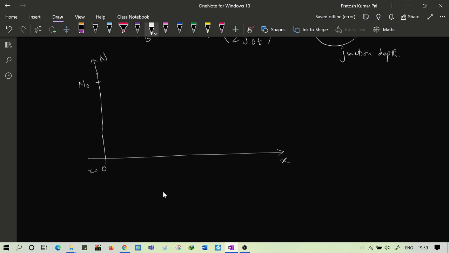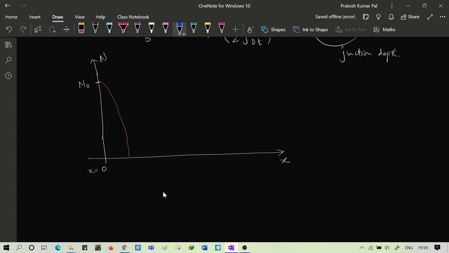Once the diffusion starts, it will reach some depth, and the concentration decreases from n naught to some value. This is the case at a particular time t1.